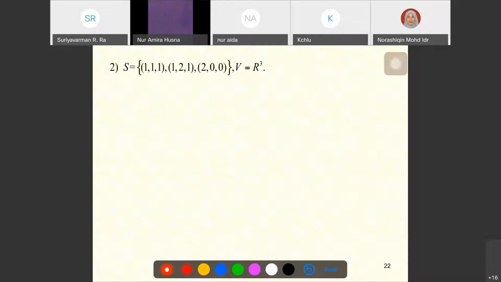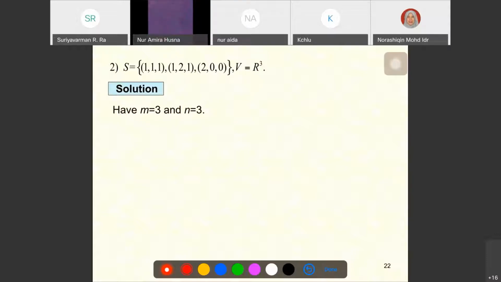It is by the terms of M and N, doctor, because M is equal to N. You can say that if M equals N here, right? Yes, M equals 3, N equals 3. But is that enough to say that S spans V? No, we have to make sure that the determinant of the matrix is not equal to 0.